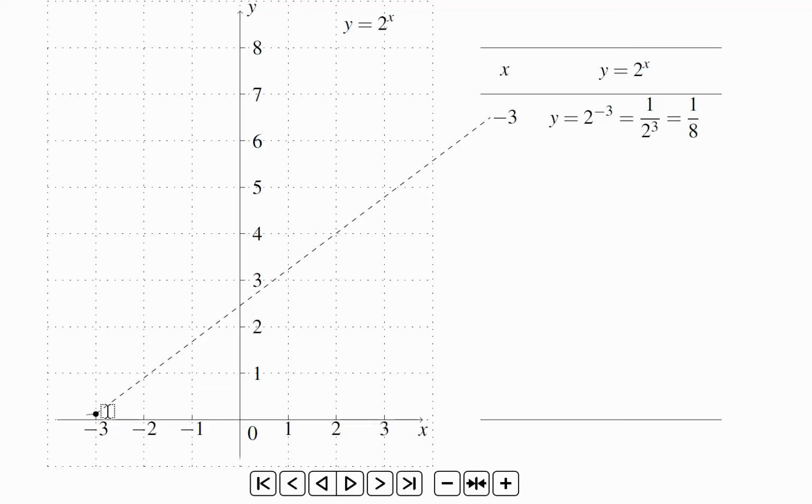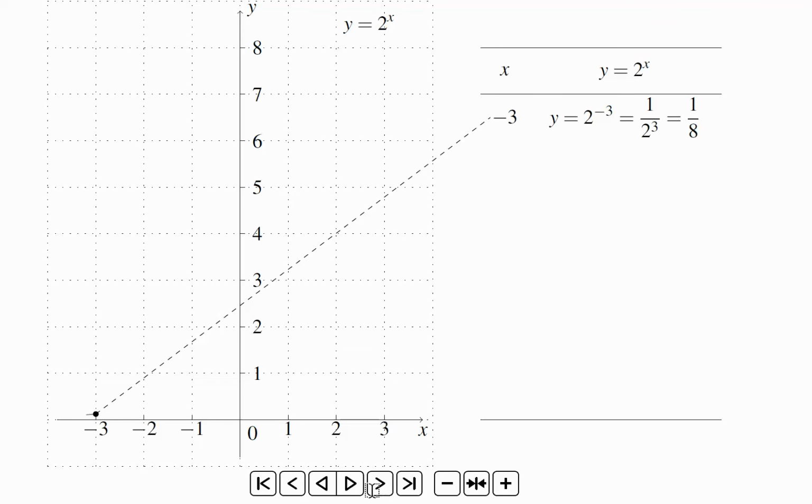So this point is (-3, 1/8). 1/8 is a positive number, so the point is above the x-axis. So when we choose negative x, y is always positive.